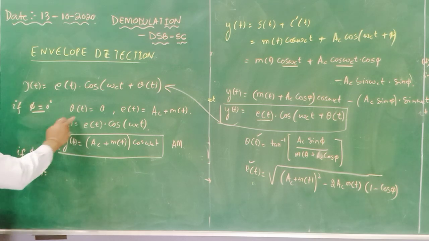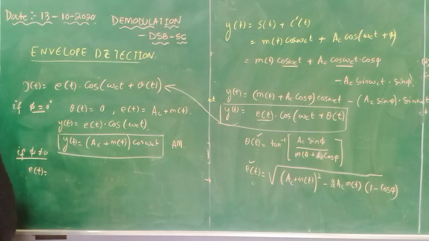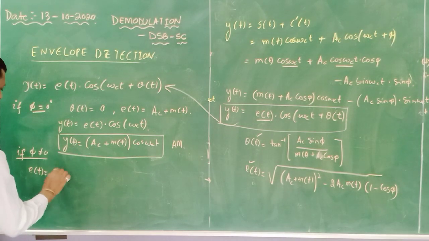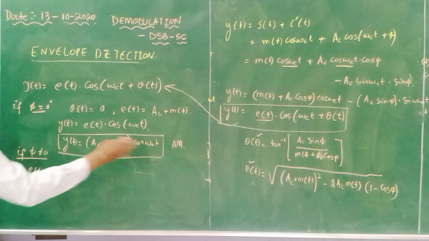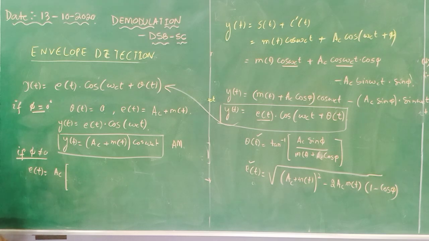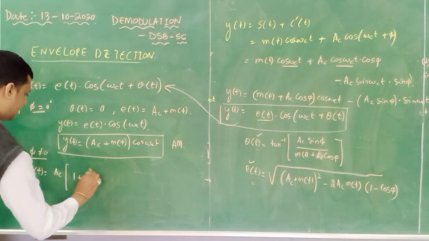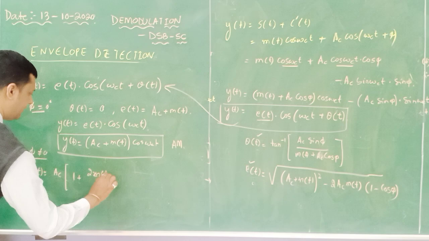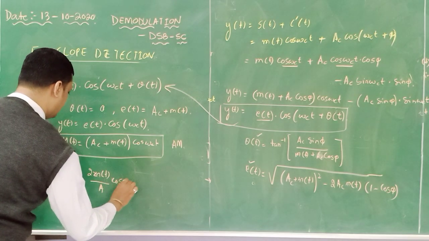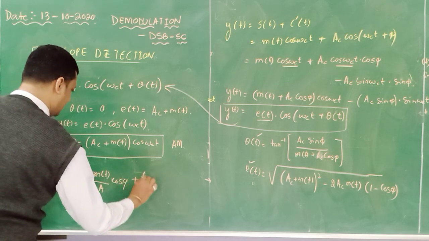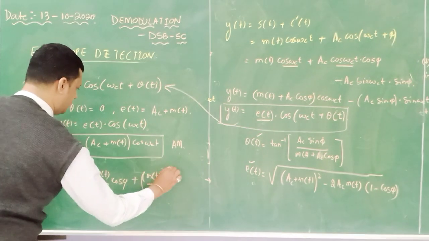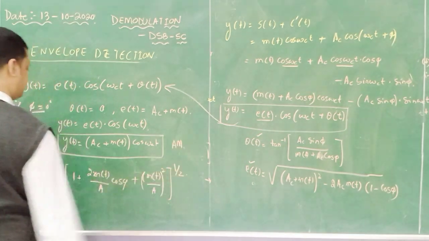If phi is not equal to 0, my E of t, if I take the AC component common outside, I will get 1 plus 2 m of t divided by A cos phi plus m of t divided by A, whole square, to the power half.